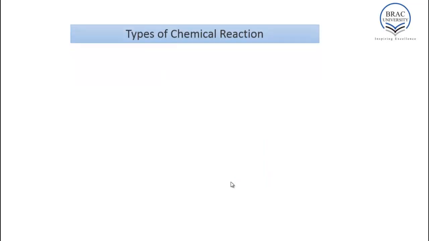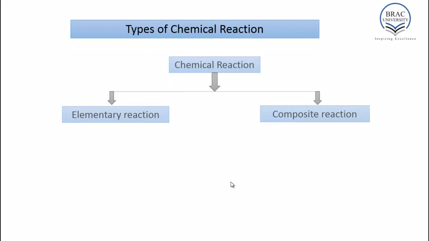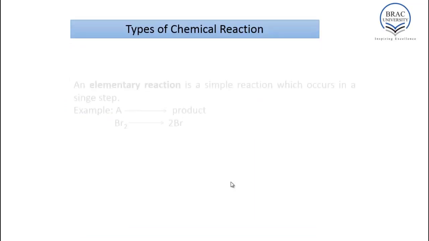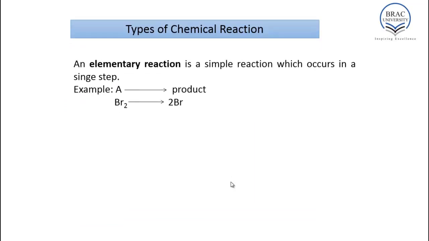What are the types of chemical reaction? Chemical reactions are of two types: elementary reaction and composite reaction. What is an elementary reaction? An elementary reaction is a simple reaction which occurs in a single step. Any chemical reaction that occurs in just a single step is termed an elementary reaction.